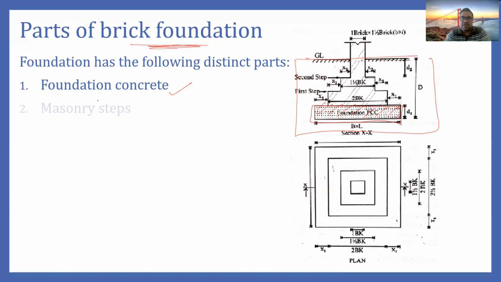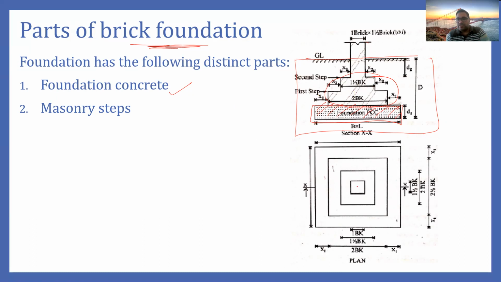And the second part is masonry steps. So you can see these masonry steps, which are also a very important element, because with these steps we are actually spreading the foundation, so that the bearing capacity of soil can be considered.